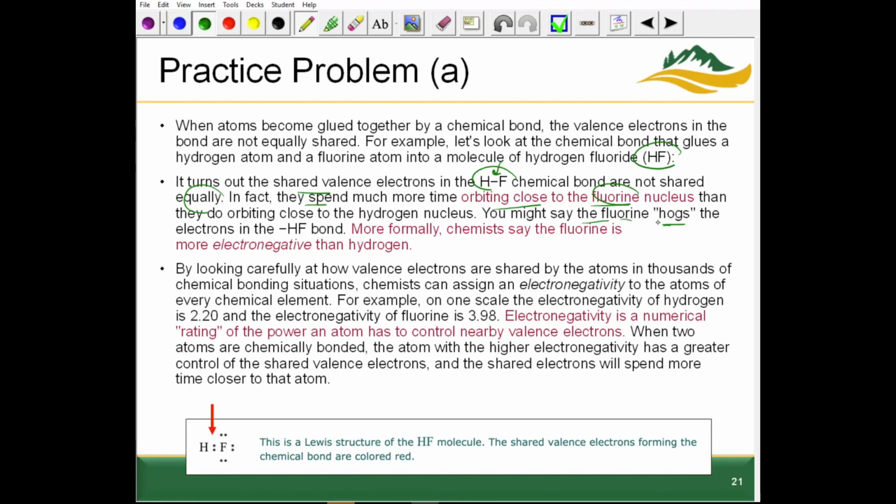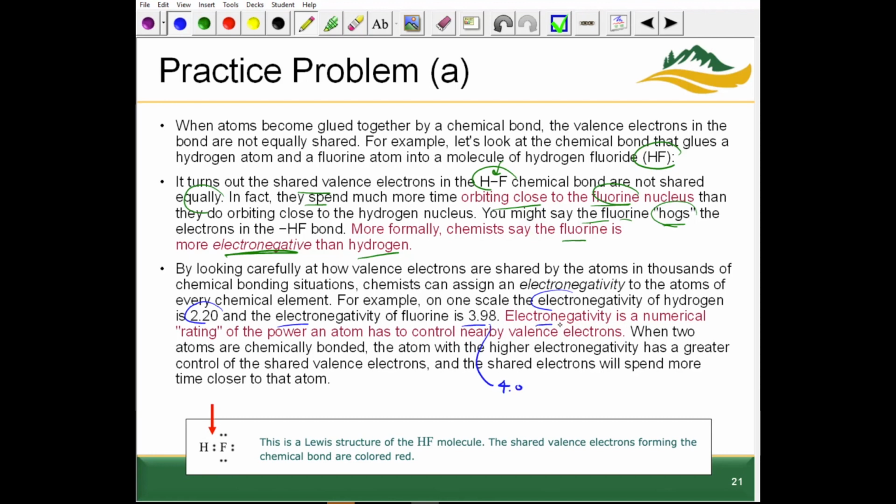Rather than saying that fluorine hogs those electrons in the bond, we say that fluorine is more electronegative than hydrogen. And so on a relative scale of electronegativities, hydrogen has a value of about 2.20, or 2.1, for its electronegativity. Fluorine about 3.98, or as we saw, about 4.0.